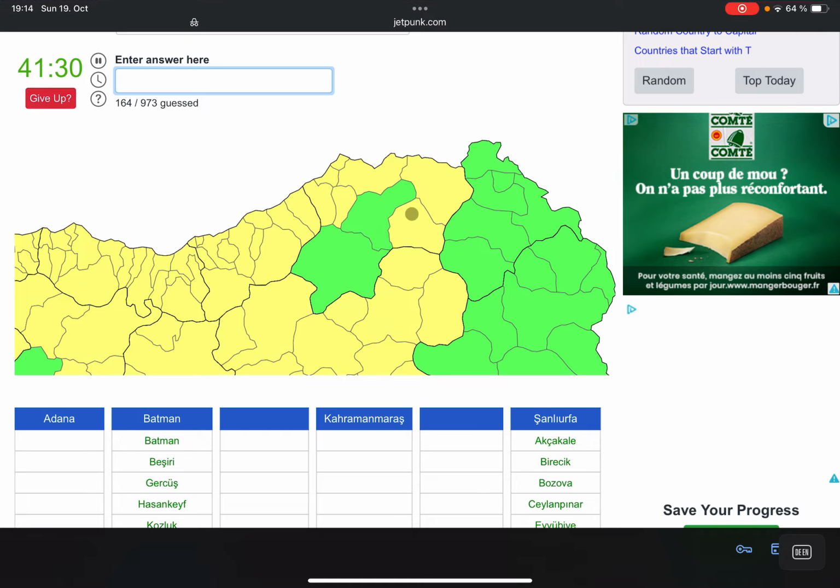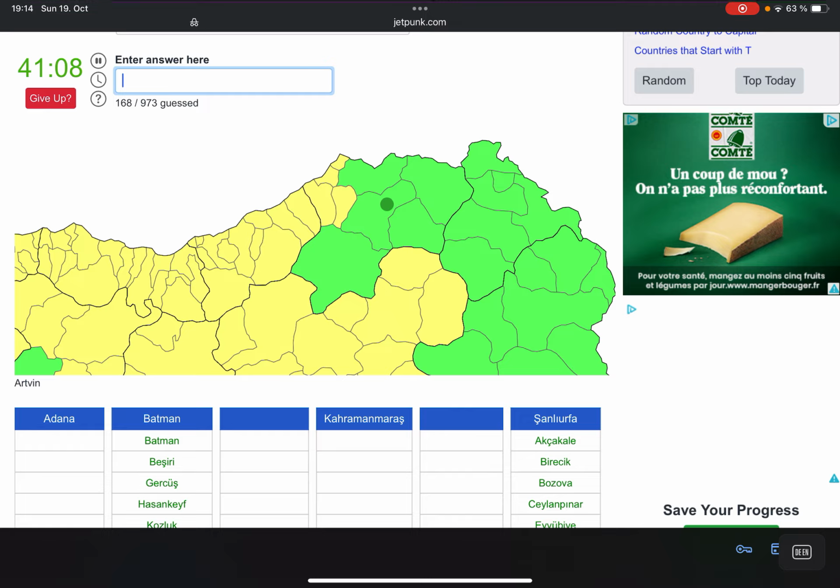We have Borçka, Şavşat, Ardanuç. By the way, you might notice the similar root prefixes, I guess, of some of these cities.